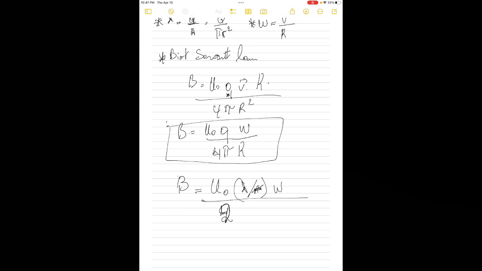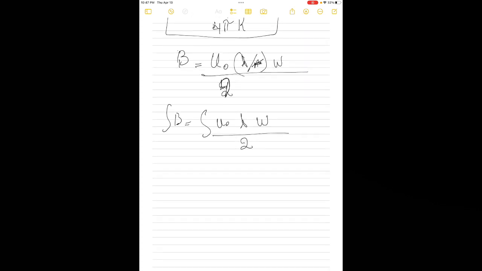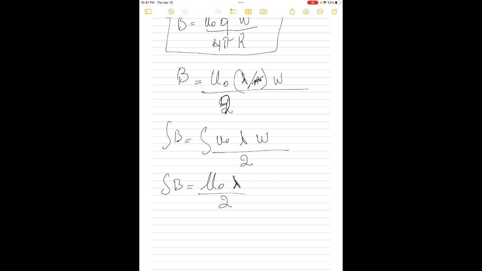Exactly. So right now we can integrate the field strength, so it equals the density multiplied by the angular velocity divided by 2, and then for the field strength, we're going to take out the constant, so that's the constant multiplied by the charge density divided by 2, and the angular velocity, and we're going to integrate from 0 to r.